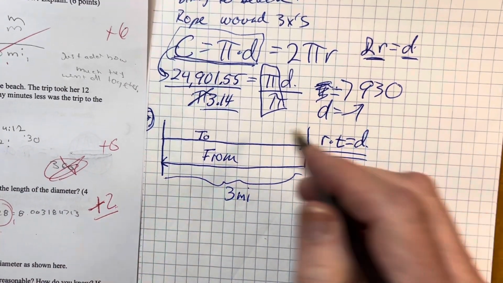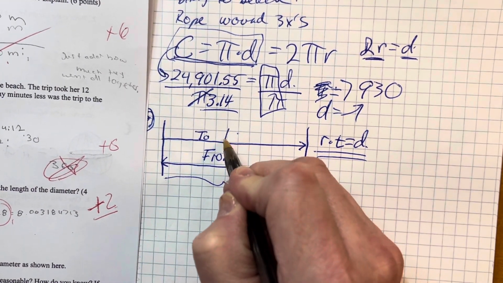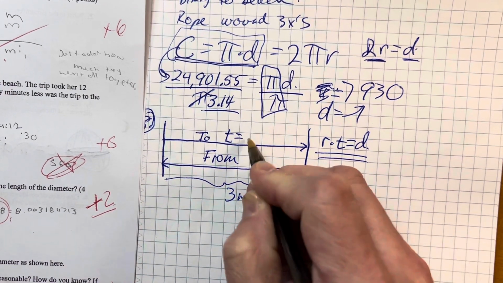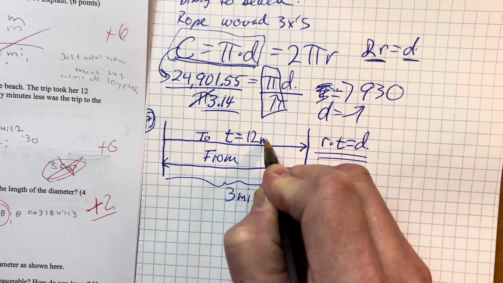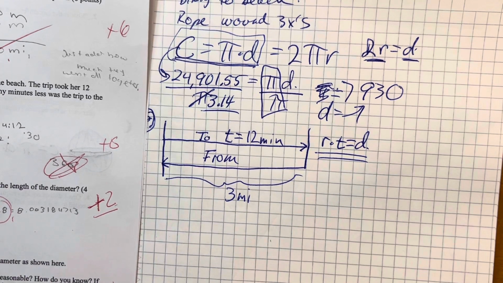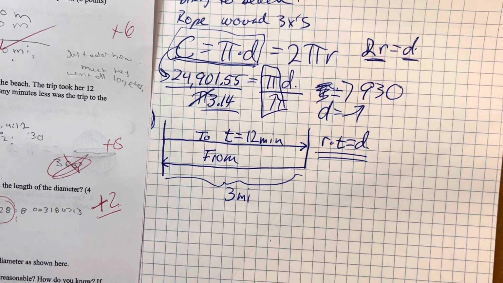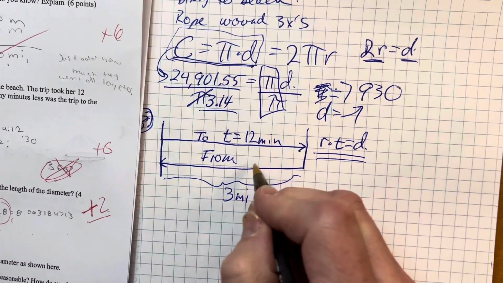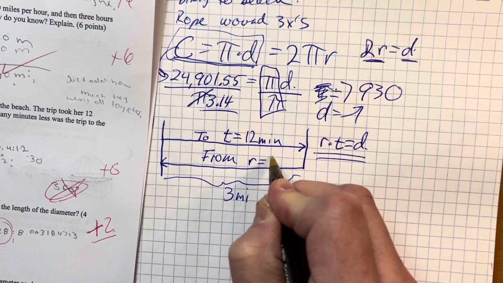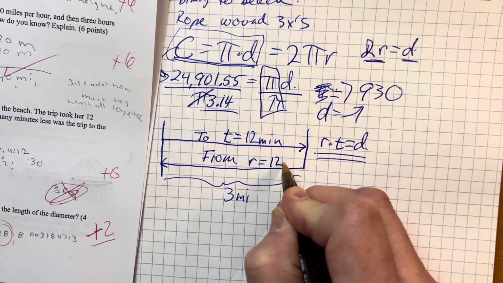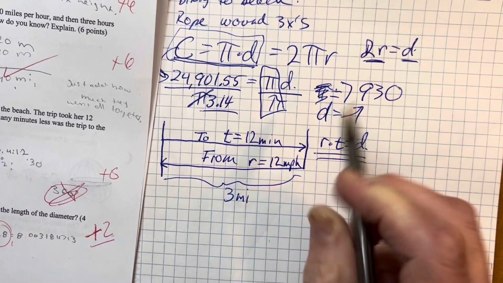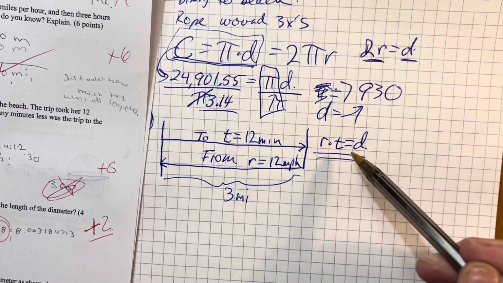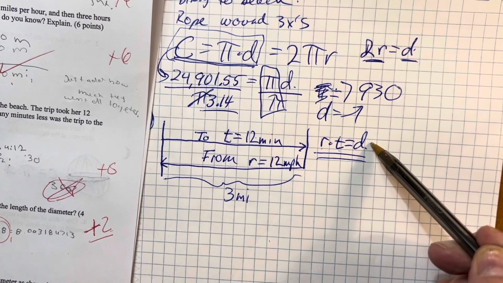So we know that the time it took for going to the beach was 12 minutes. She returned home at a speed of 12 miles per hour. So in this one, her rate is 12 miles per hour. So in each of these, we're given a 12, but it belongs to a different part of the equation.